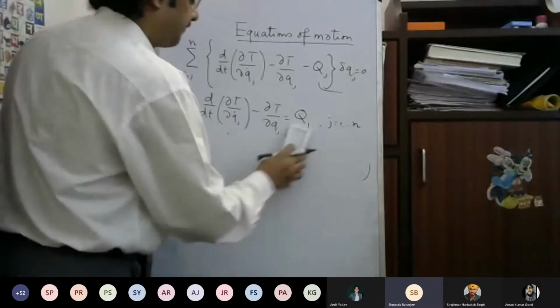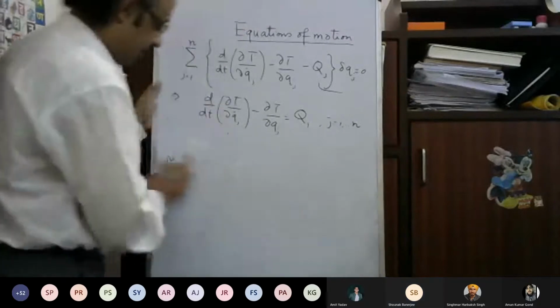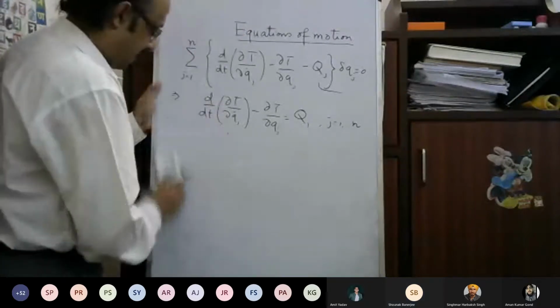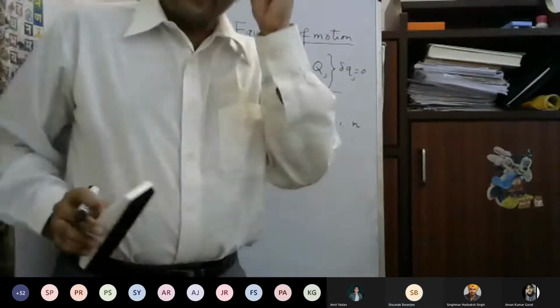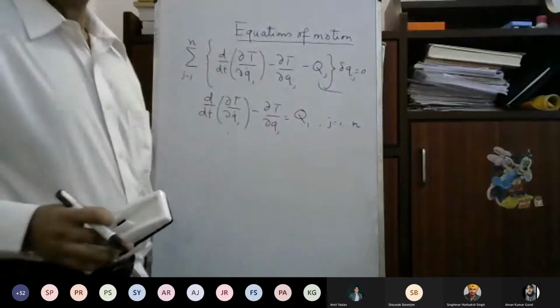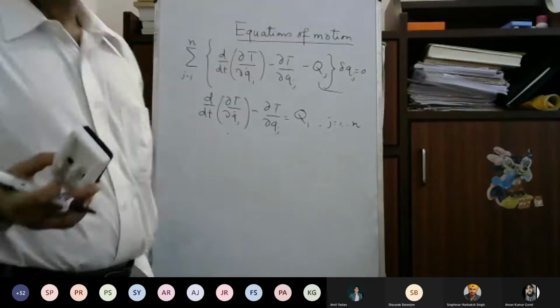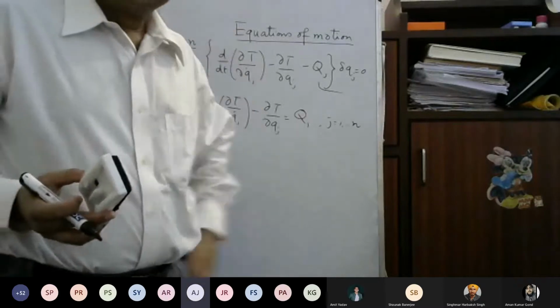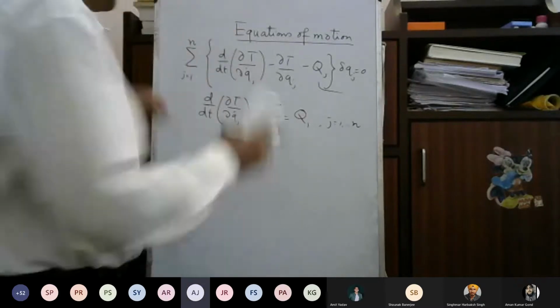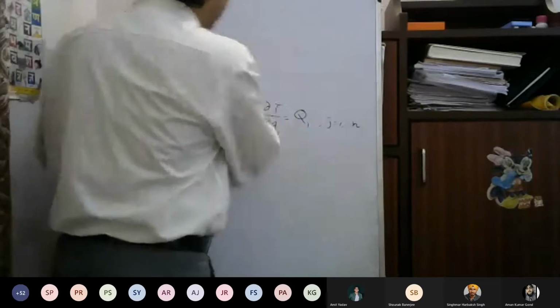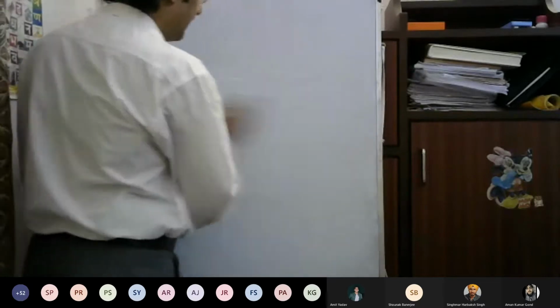Now, how many types of forces are there in a mechanical system? There are two types of force. Can you name the types? Conservative and non-conservative.